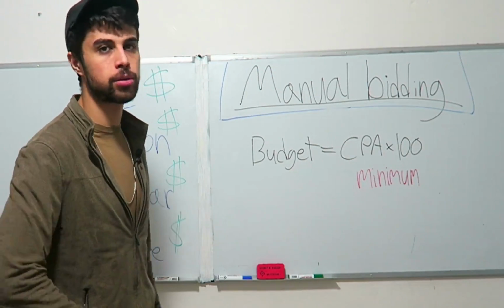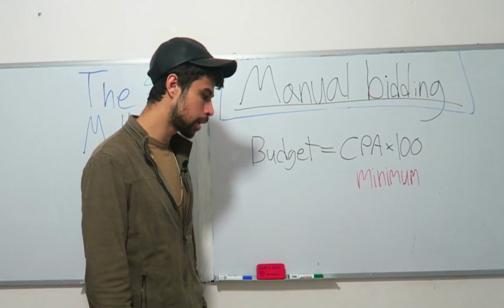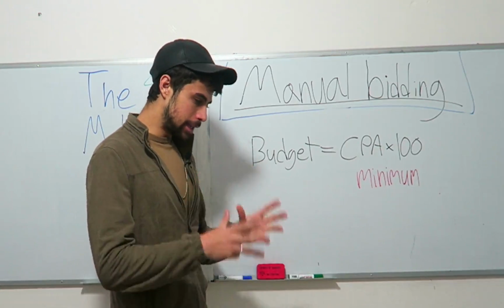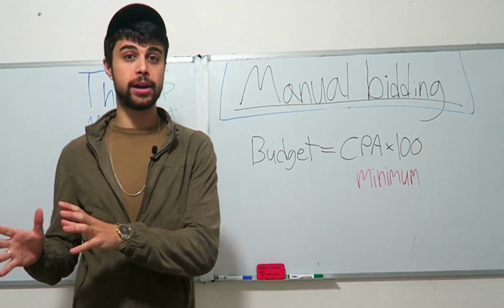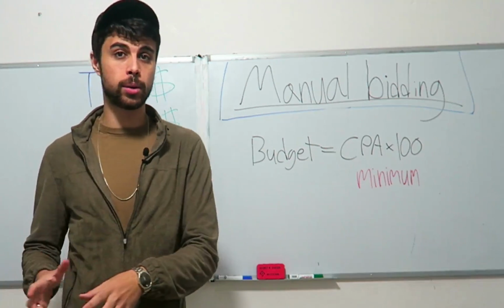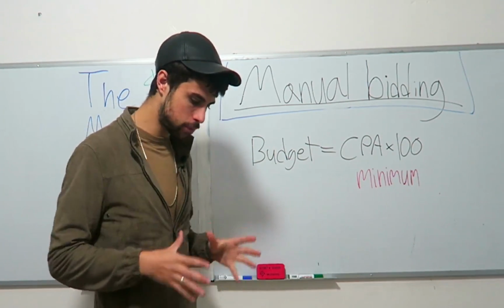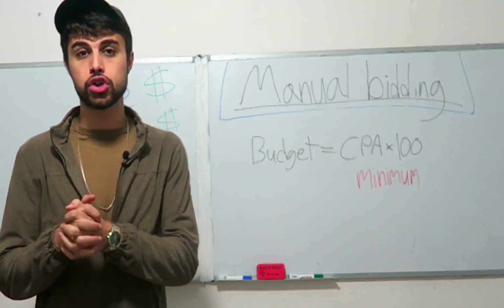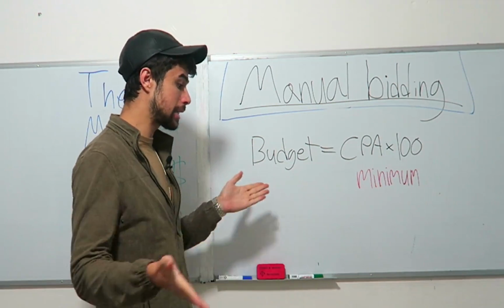But that's a bare minimum, just so you can work with manual bidding correctly. And have at least 100 conversions a day on that in the new ads, right? Like I said, you don't know until you release it, but think about whether you can get that amount of conversions a day. And yeah, that's basically it.